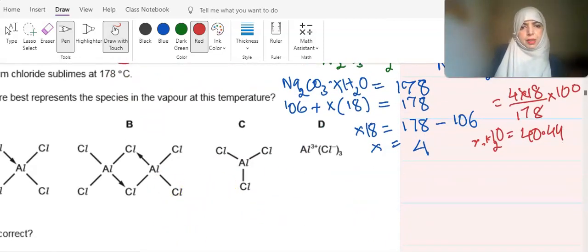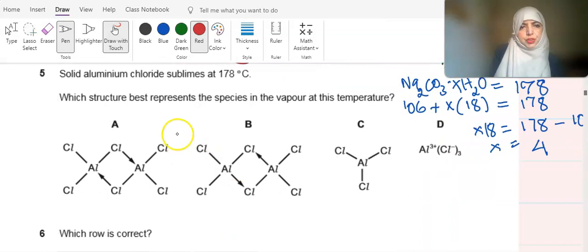Now coming to the fifth question. Solid sodium aluminum chloride sublimes at 178 degrees centigrade. Which structure best represents the species in the vapor phase at that temperature? As you know, sublimes means there is no change in the chemical bonds of this compound.